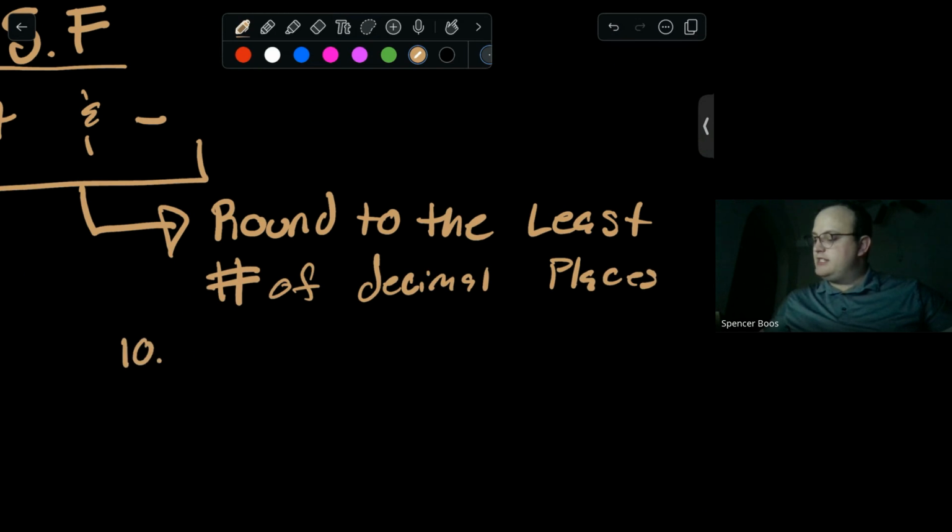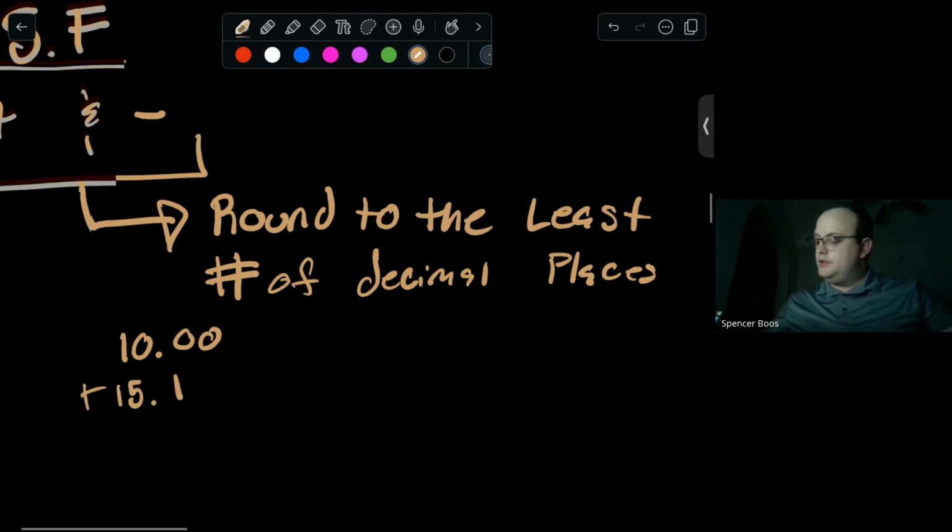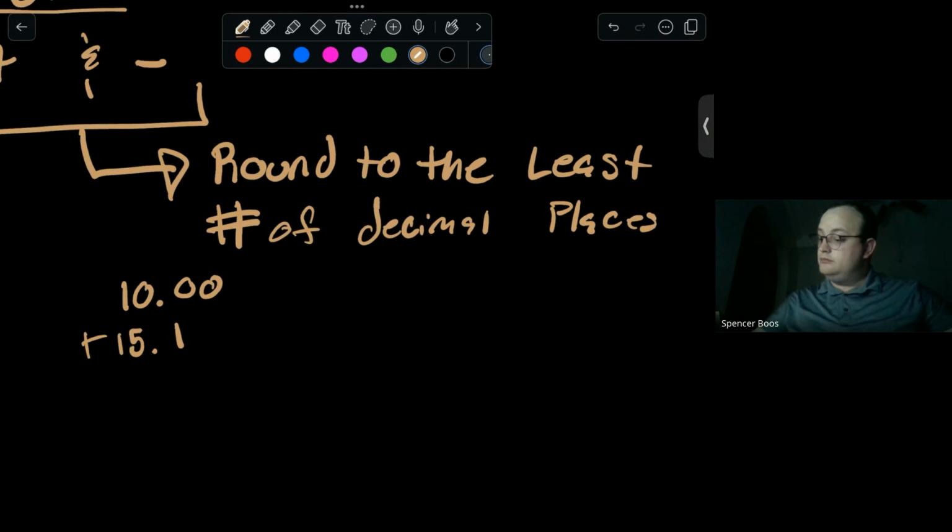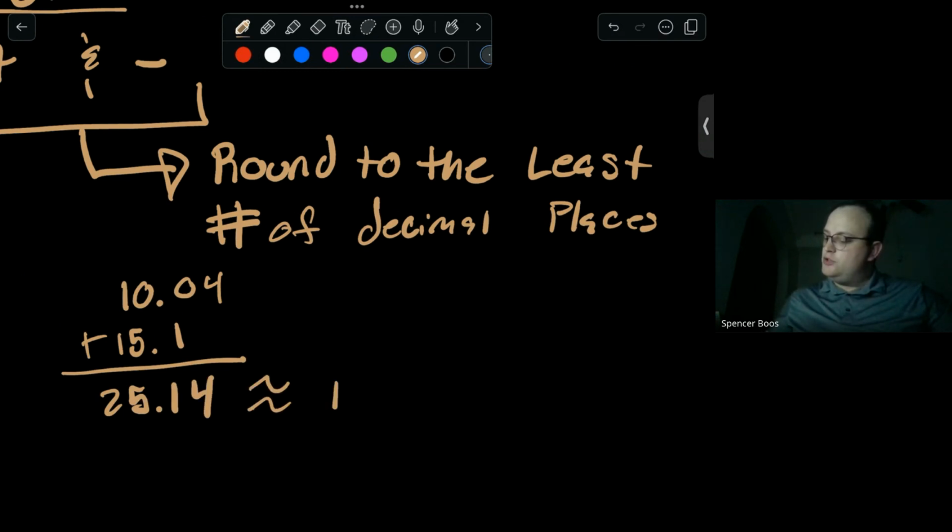So let's say we've got 10.00 plus, let's say, 15.1. Let's do a 4 here. We would get 25.14. When rounded to sig figs, it would be 25.1.